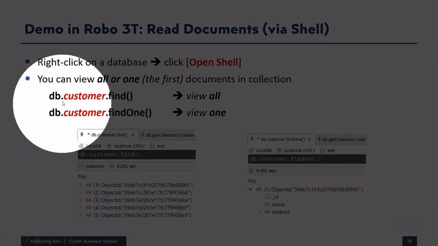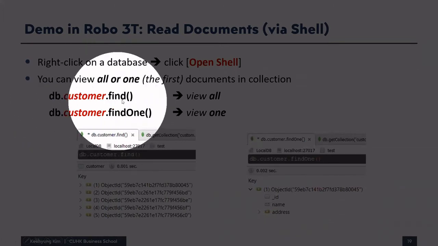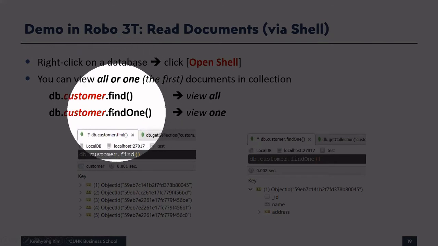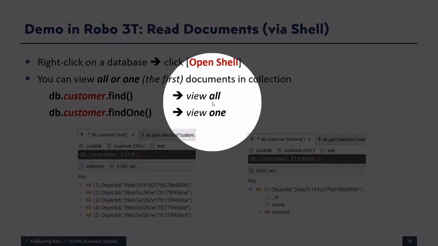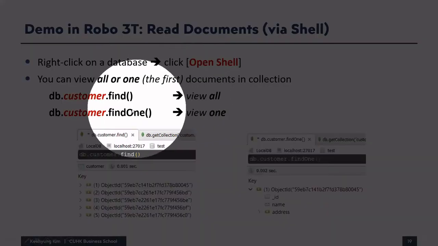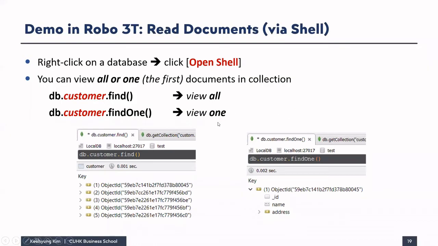You can specify db dot collection name, which is customer in this case, and then you can use the find function or find one function. If you use the find function, it will display all documents in your collection. If you use the find one function, it will display the first document stored in your collection.